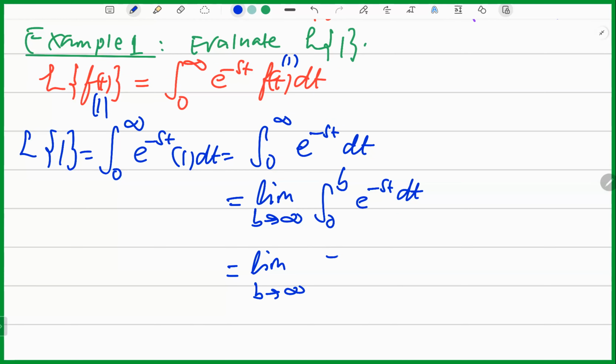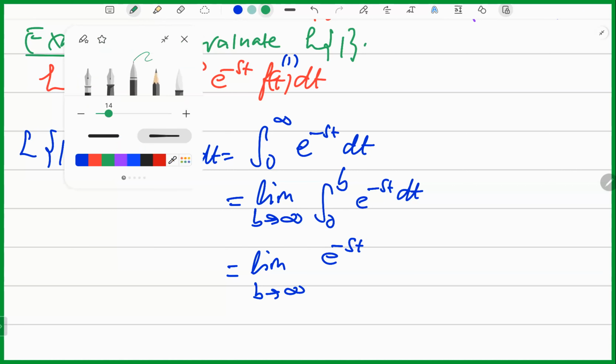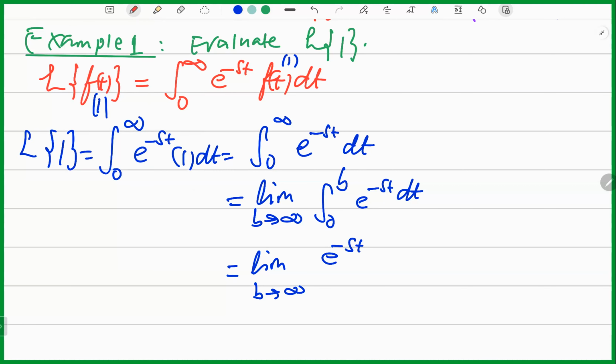The laws of integration apply here. You look at the coefficient of t, which is minus s, and divide by it for the e function. You can also use a substitution like in calculus. Then you evaluate this as the limit as b approaches infinity.